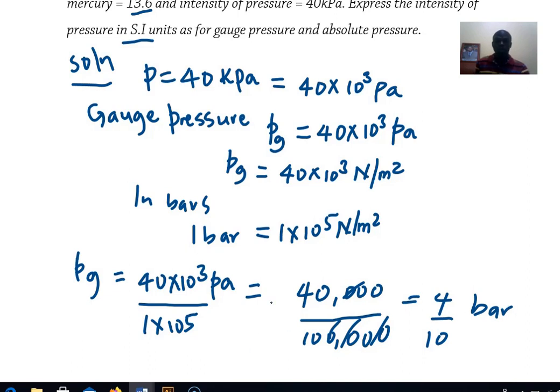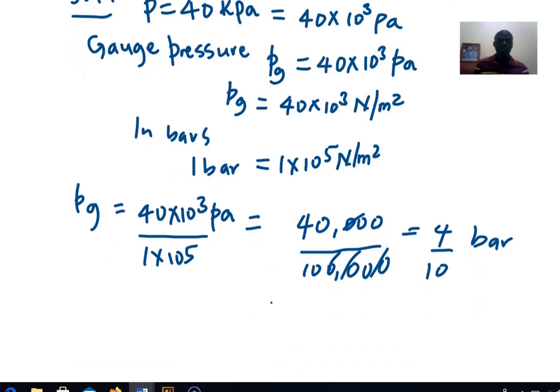So the gauge pressure which is required is 0.4 bars. So we have given it in SI units of pascals, Newton per square meter, and also in bars.